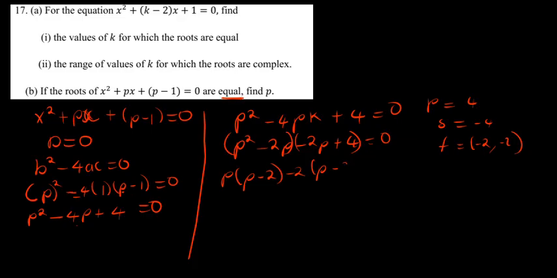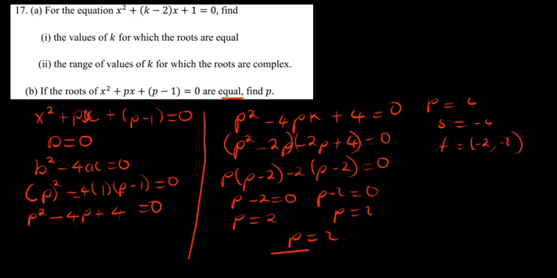Then p minus 2. So p minus 2 equal to 0, then p is equal to 2. So meaning that p is just what? 2. That's what they meant. They are simple and straightforward, just like that.